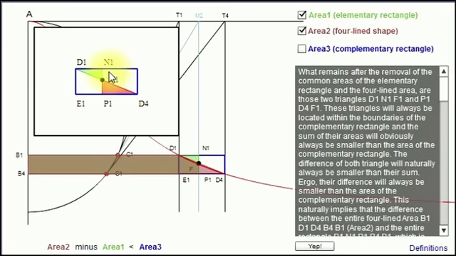And knowing this, the difference between those two triangles, representing the difference between the elementary rectangle and the quadrilinear shape, becomes smaller than infinitely small, or also infinitely small, if you will.